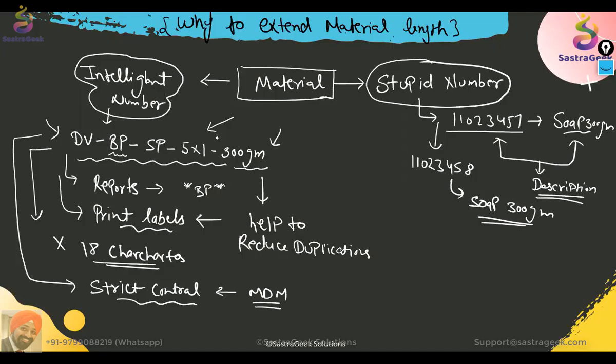And if you have created a wrong material, say it is not a beauty product, it is something else, but you have created it as a BP-SP and you have done your transaction, you are gone. Once it has gone wrong, it has gone wrong. Here, if 458 is created as SOP 300 gram, but it's actually SOP 500 gram, you can simply change the description and proceed ahead.